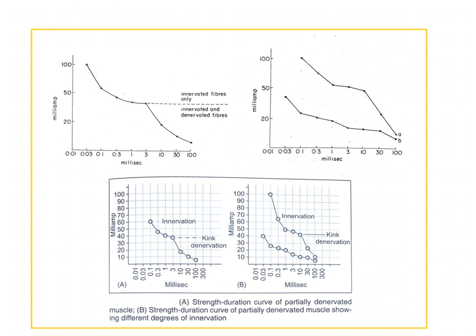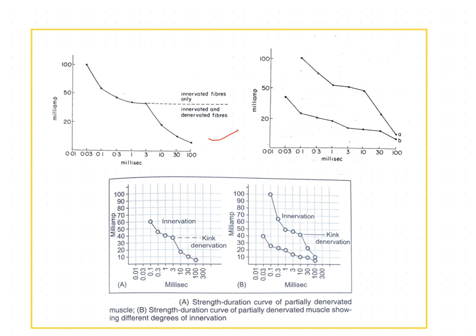And now we will see what happens in partial denervation. In the case of partial denervation, some of the nerve fibers supplying a muscle have degenerated while others are intact, and the characteristics obtained clearly indicate partial denervation. The impulses of longer duration stimulate both innervated as well as denervated muscle, so a contraction is obtained with a stimulus of low intensity.